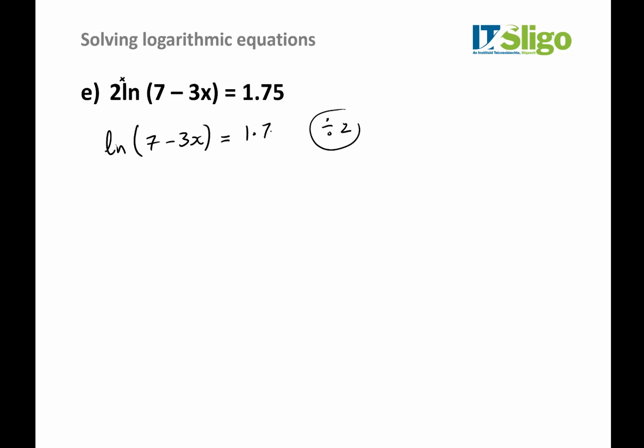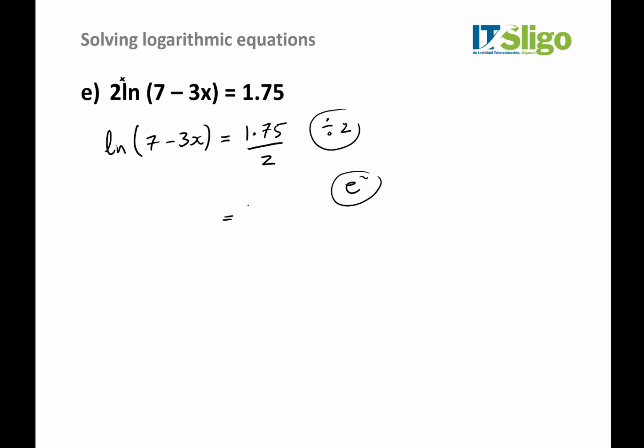And this gives us 1.75 divided by 2. Next step, I want to get rid of the natural log. That's log to the base e. So I raise both sides as a power on e. So on the right hand side, now there's no harm in dividing 1.75 by 2 because the calculator will do that.